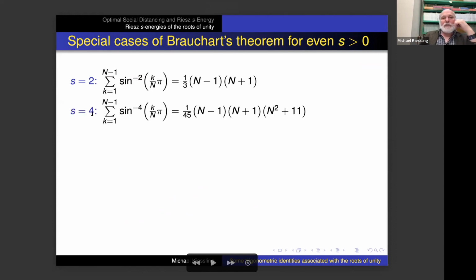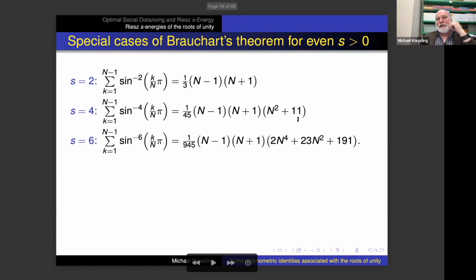When s is 4, meaning m is 2, you get that neat formula. And then one more, you get this neat formula. And one thing that transpires is that you always get the factor n minus 1 times n plus 1, at least the first 3 times. Of course the computation gets more and more lengthy to do this.